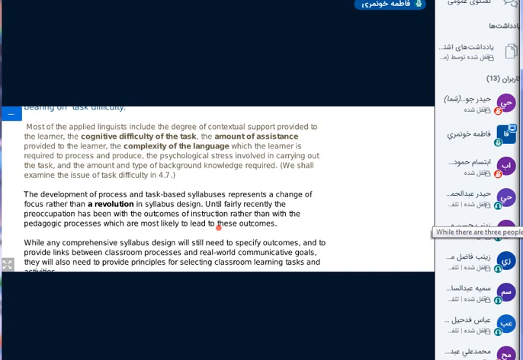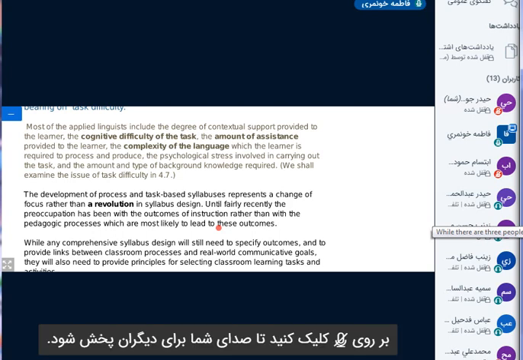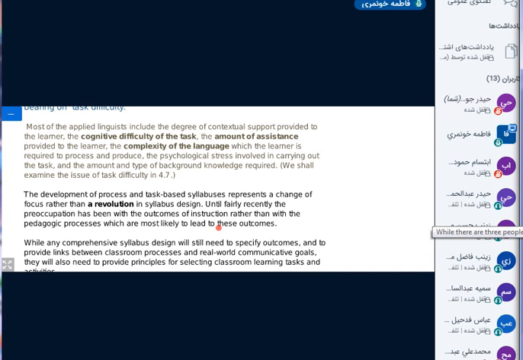The other one is the complexity of the language which the learner is required to process and produce. What is the level of complexity you expect your learners to produce or process? If your students are at the intermediate level, choosing a kind of task in which a very complex language of advanced level is required to process and produce would be really nonsense. It would be very difficult for the students to engage in this task.